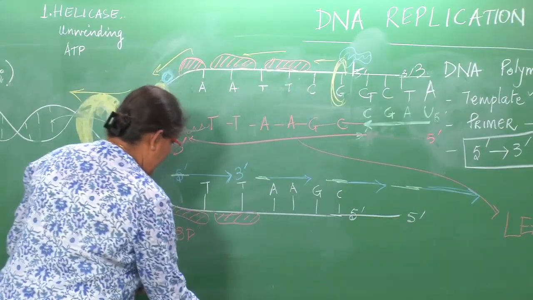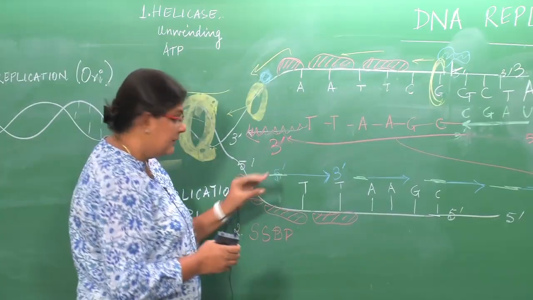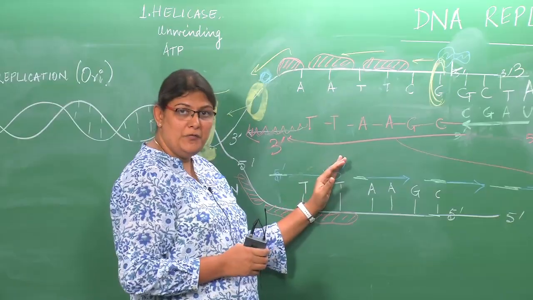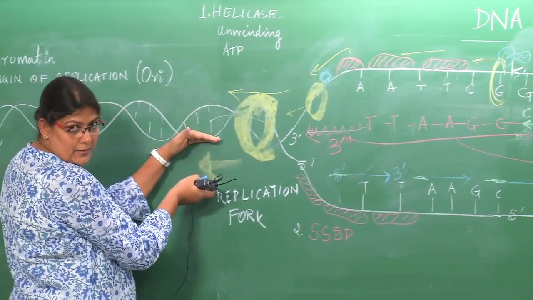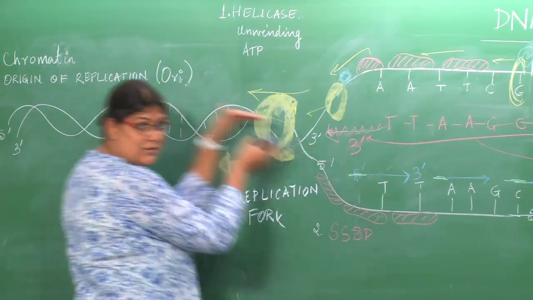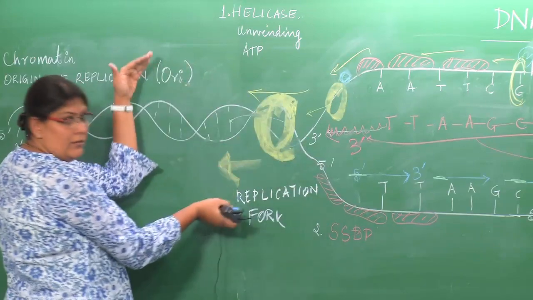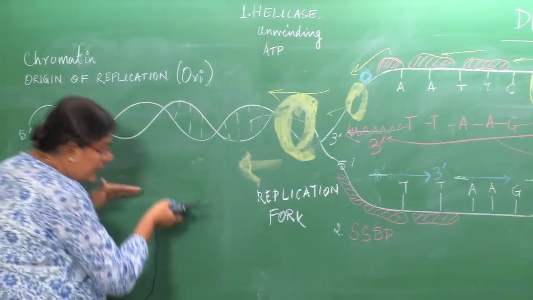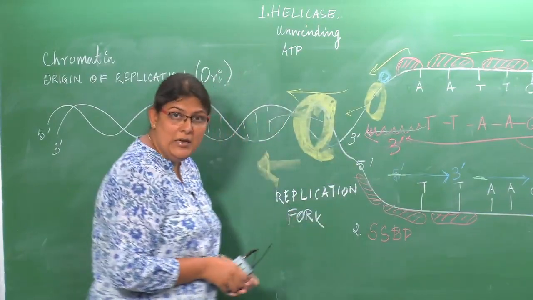So, let us say the DNA polymerase started polymerizing this, started adding the bases in the 5 prime to 3 prime direction. By the time it finished, this region further uncoiled, and then a new primer was formed, so the DNA polymerase has to come back and jump and then synthesize again. Then this uncoiled further, again a primer was formed here, and then it again had to extend in a 5 prime to 3 prime direction.